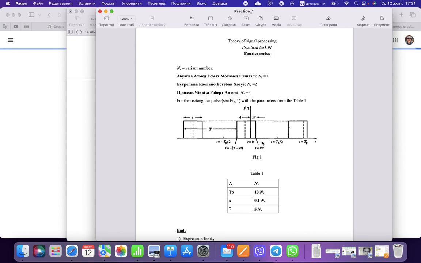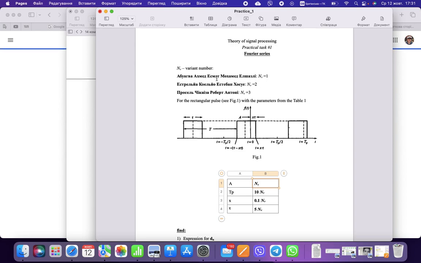So you have the periodical sequence of rectangular pulses with special parameters that are described in table number one. And as you can see, these parameters depend on the number of your variant. So our NV here is the number of a variant, and this number is different for all of you.